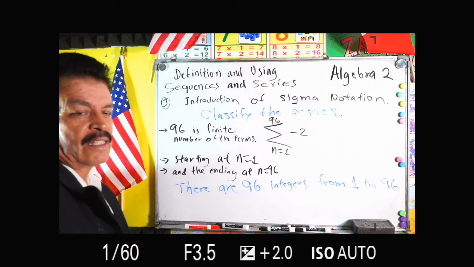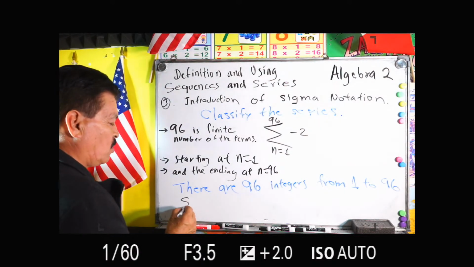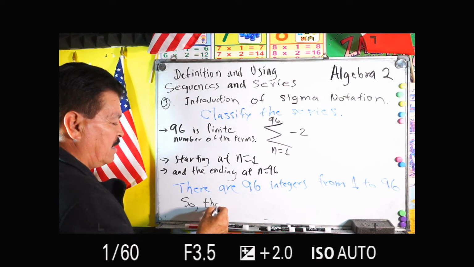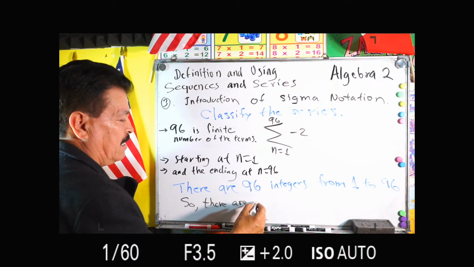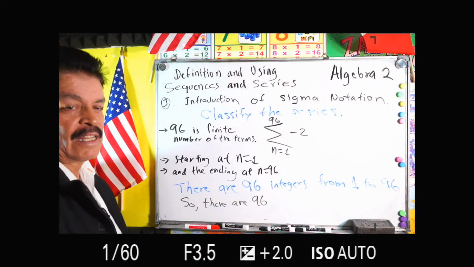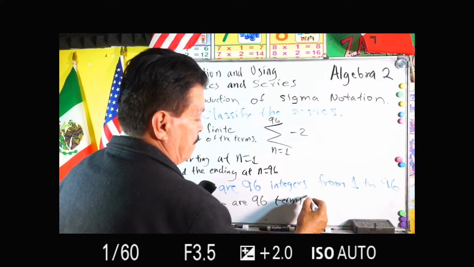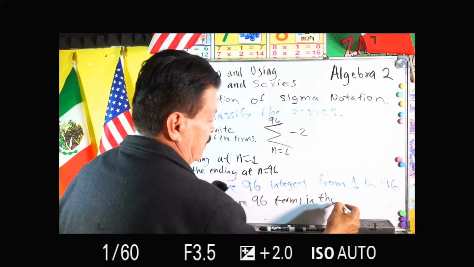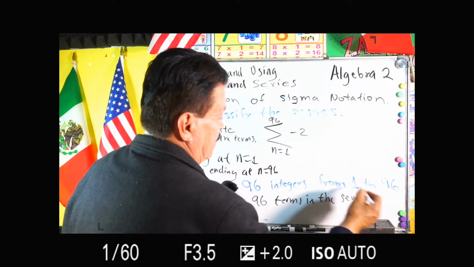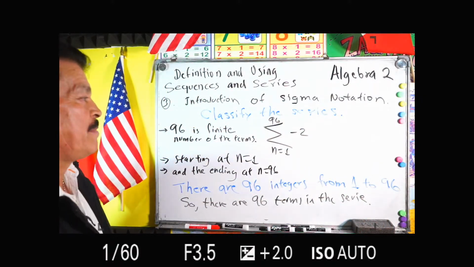So our conclusion: there are 96 terms in the series. It's just explaining what I mean by this.